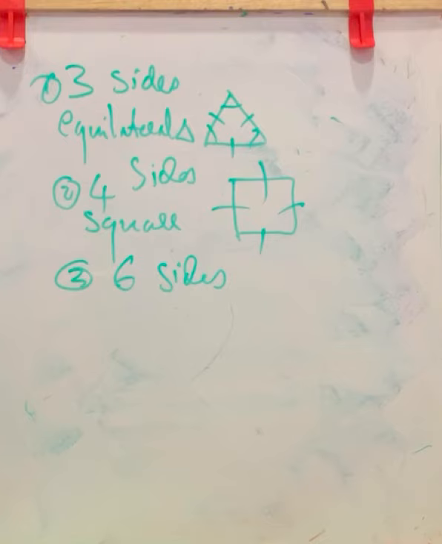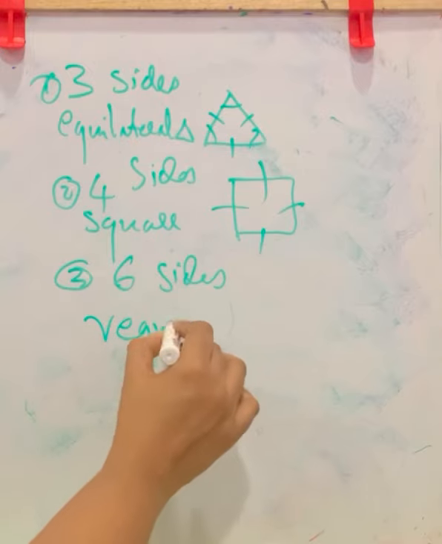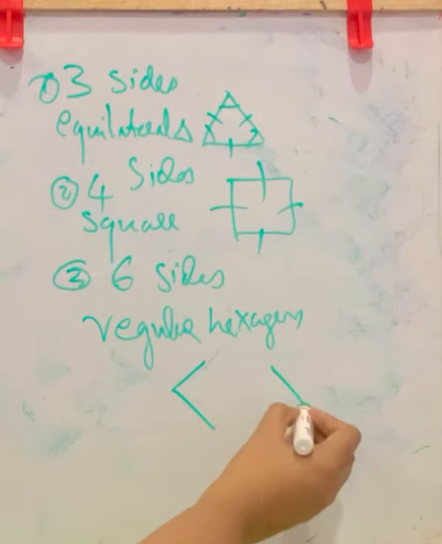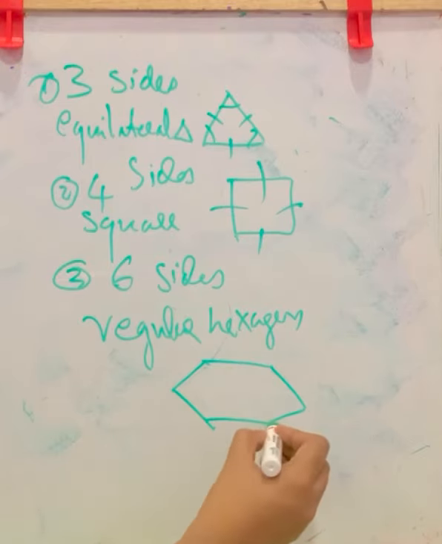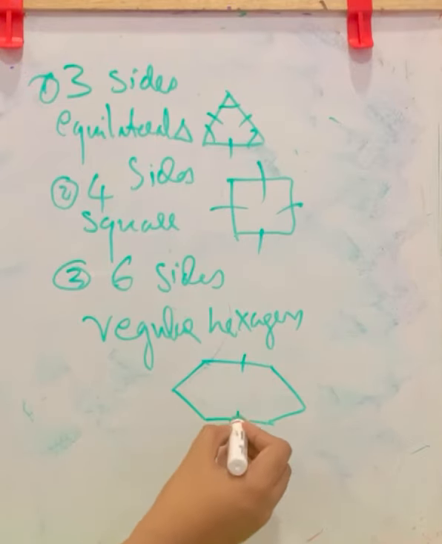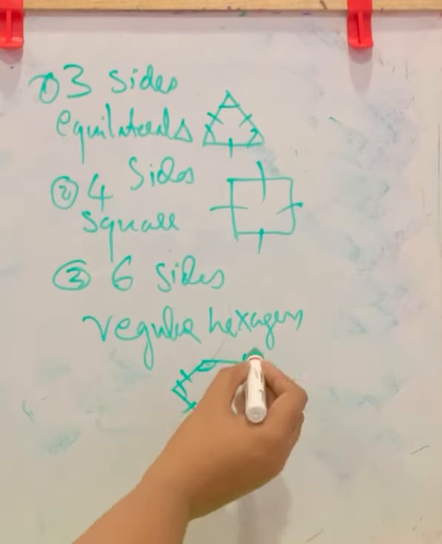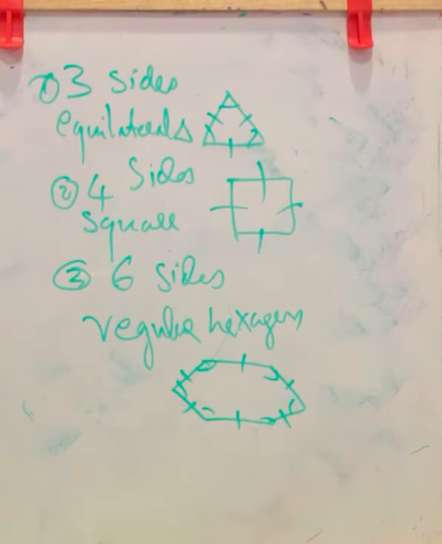A 6-sided figure is a hexagon, and if it has the same measure of angles and same sides, then we can say it is a regular hexagon. We will name that figure a regular hexagon. This is a regular hexagon. All the sides are equal and all the angles here are equal. So a 6-sided figure which is regular is called a regular hexagon.